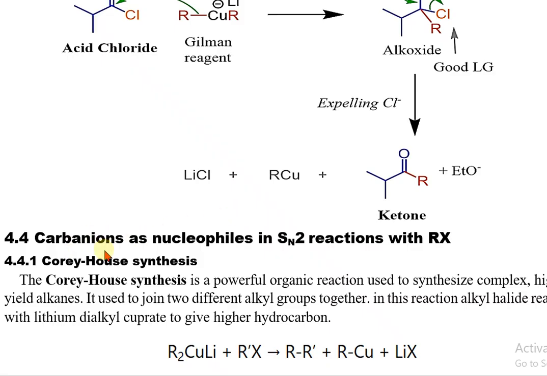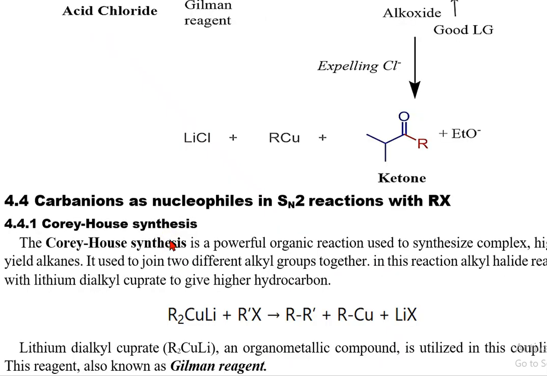Another subject here, carbanions as nucleophiles in SN2 reactions with alkyl halides. Also here, the first reaction we will talk about is Corey-House synthesis. Corey-House synthesis is a powerful organic reaction used to synthesize complex, of course high yield, alkanes. It is used to join two different alkyl groups together.